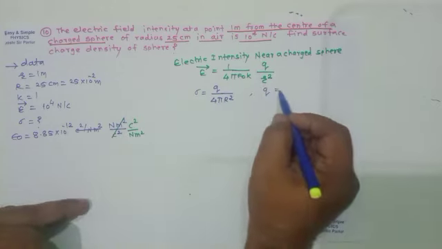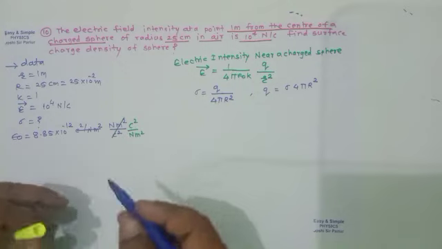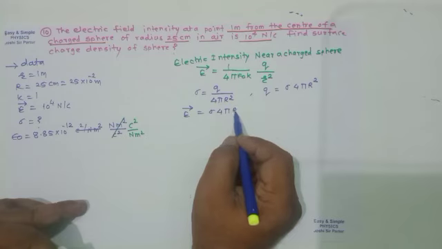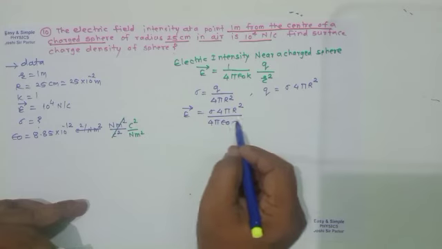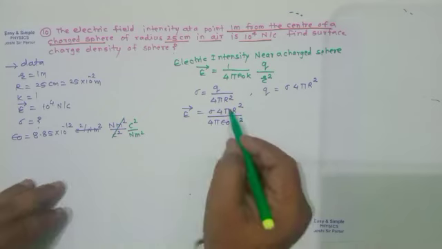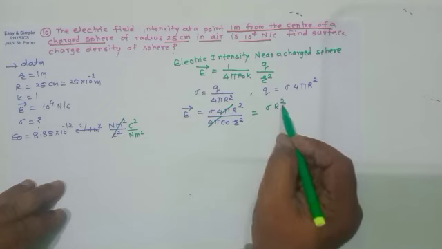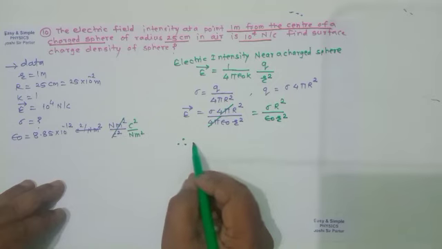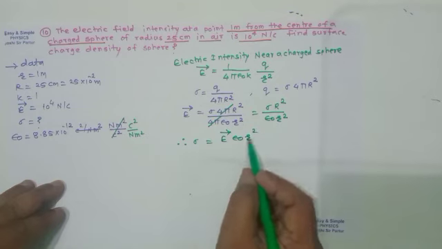So Q is equal to sigma 4 pi R square. If we substitute the value of Q, then the electric intensity becomes sigma 4 pi capital R square divided by 4 pi epsilon 0 small r square. So what happened? On both sides 4 pi gets cancelled and the formula will be sigma capital R square upon epsilon 0 small r square. Therefore sigma is equal to vector E epsilon 0 small r square upon capital R square.